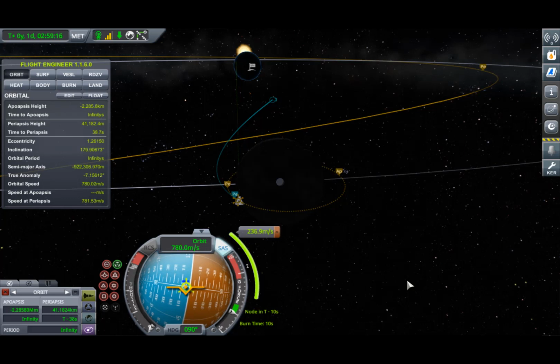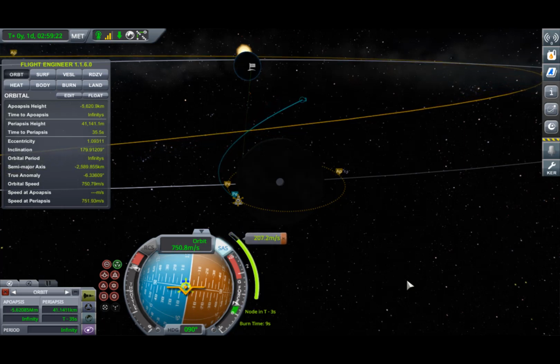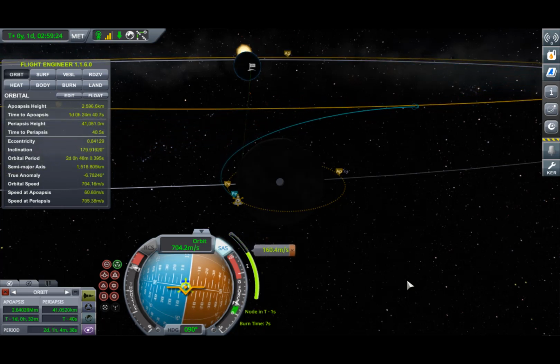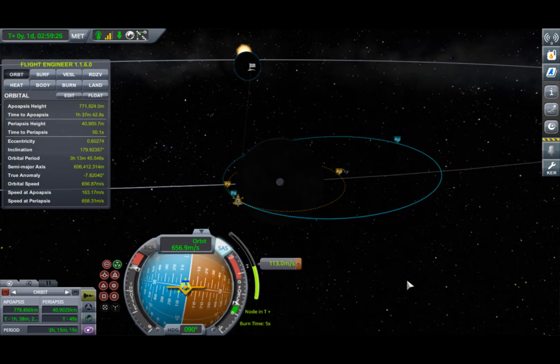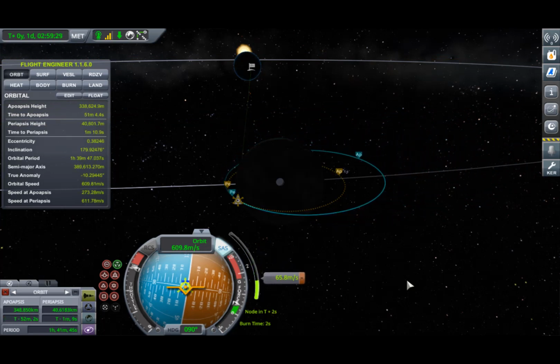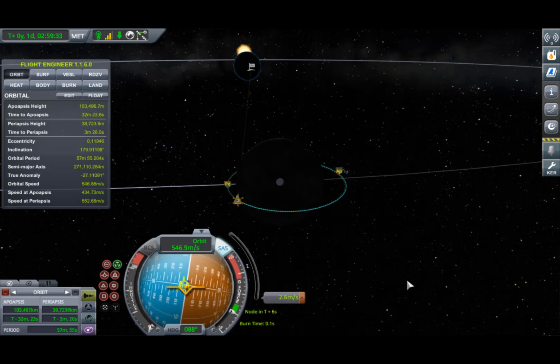That's going to slow us down, and that'll change the orbit from parabolic into elliptical right here. So that executes the maneuver. Now we're in elliptical orbit.